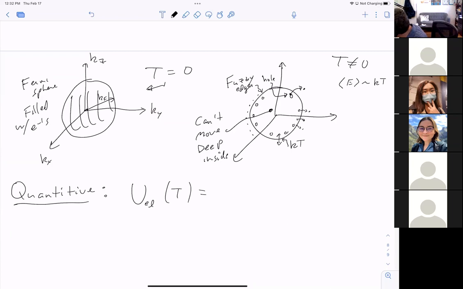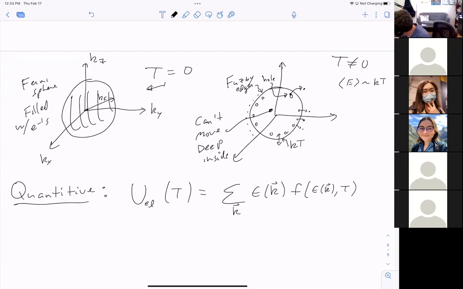To do that, I have to sum over the electron at every single mode, every single k. So that's the plane wave eigenstate k. I have to sum over every single k, and sum up the energy of the electrons at every single k. It's a vector, because it's a three-dimensional vector. But then I have to know the occupancy of that mode at some temperature T. So there's some stat mech involved here.